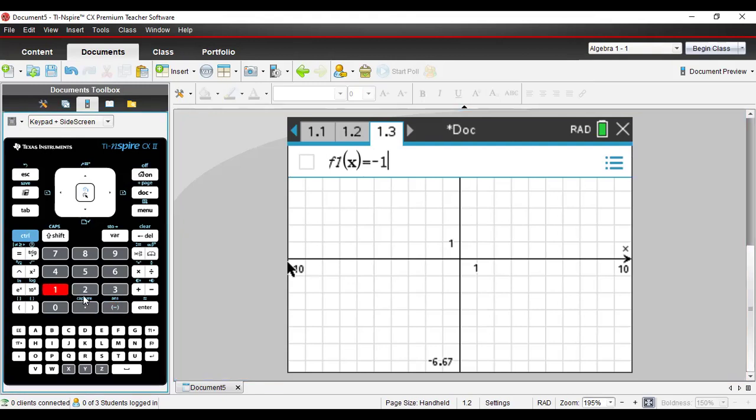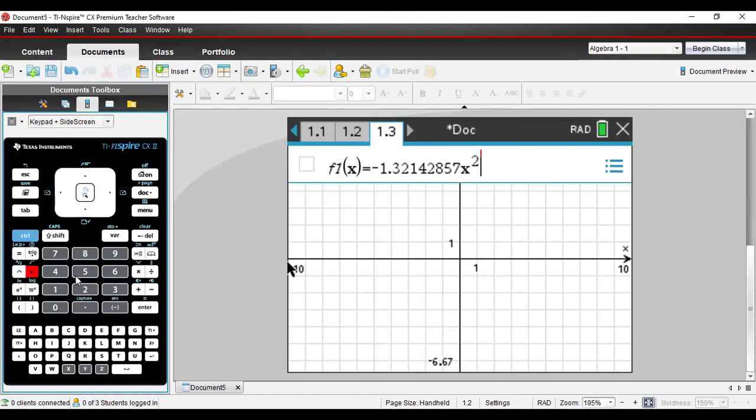So it's going to be a negative 1.32142857, and then it's this x squared, and then it's plus a negative 3.9642857 x, and then the last one is plus 2.2142857.